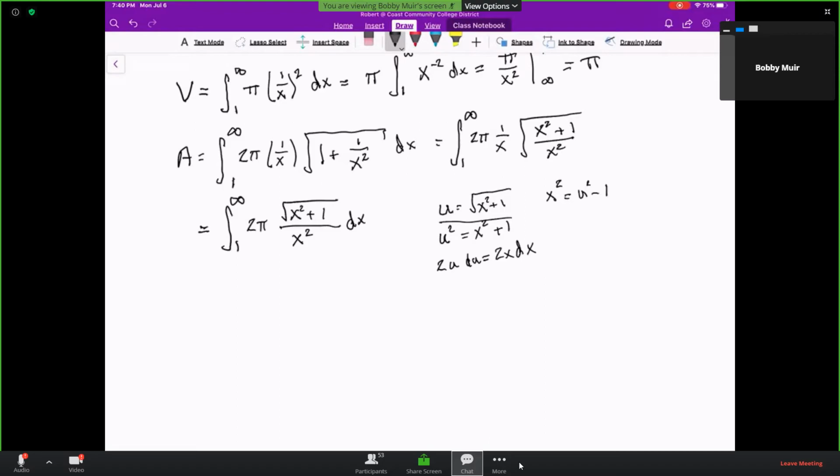However, do we all recognize that the integral from 1 to infinity of 2 pi times the square root of x squared plus 1 divided by x squared dx, do we all see that this is smaller than the integral from 1 to infinity of 2 pi square root of x squared over x squared dx?